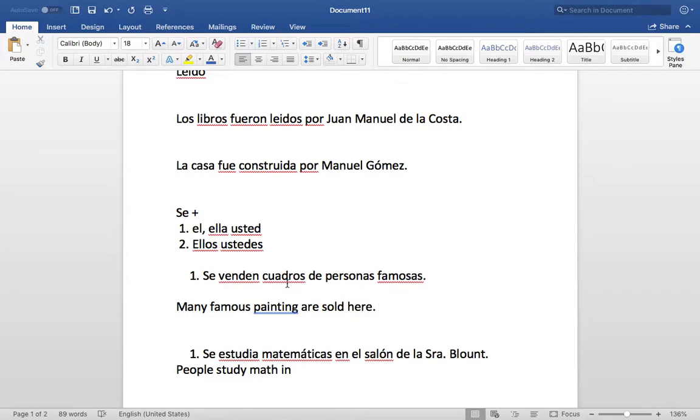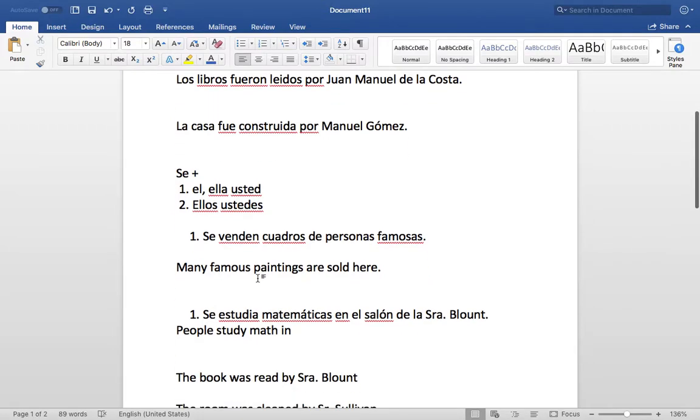So in this case, it's just a message for everybody. Because I'm talking about cuadros, which means many famous paintings are sold here, and it's more than one, I have to conjugate in the ellos form, all right?